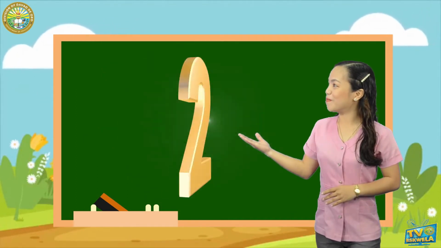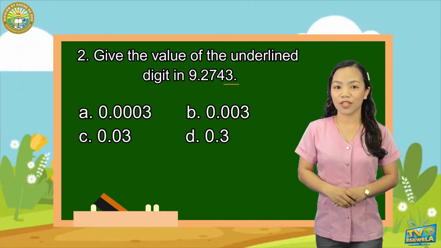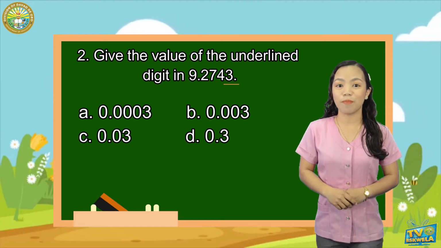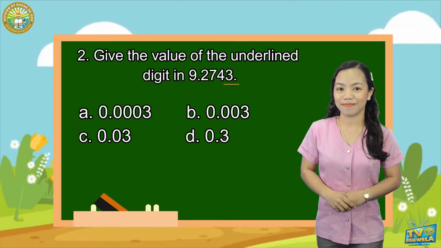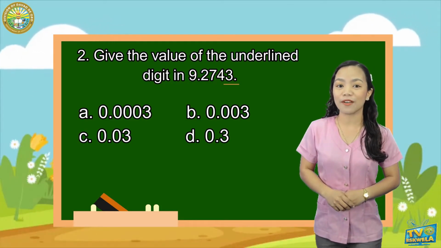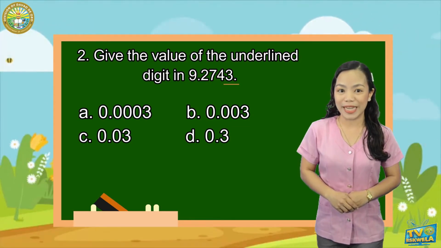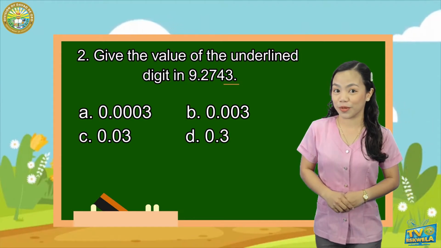Number 2. Give the value of the underlined digit in 9.2743. A. 0.0003. B. 0.003.